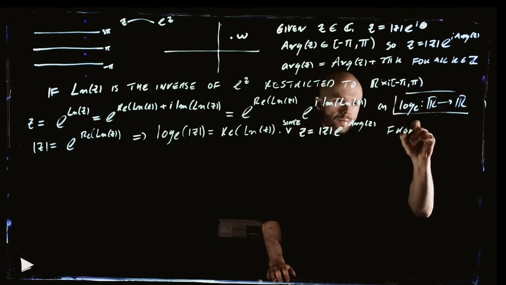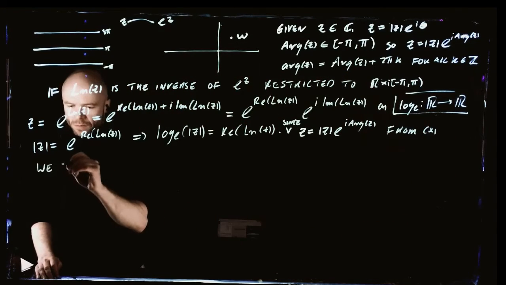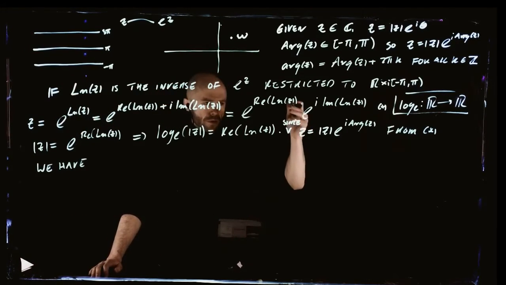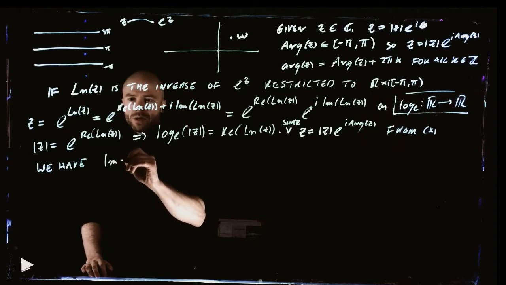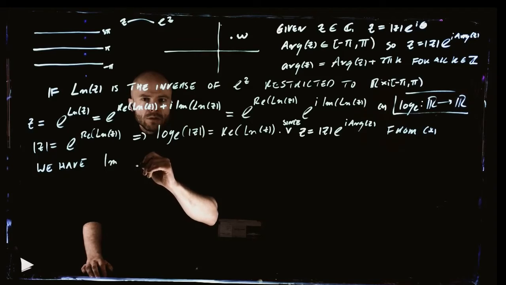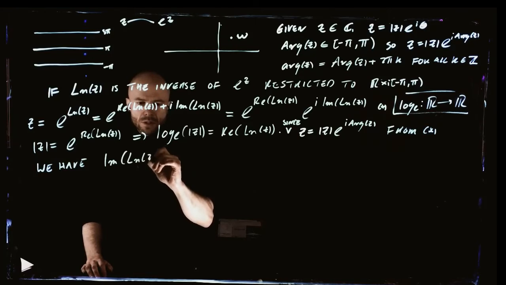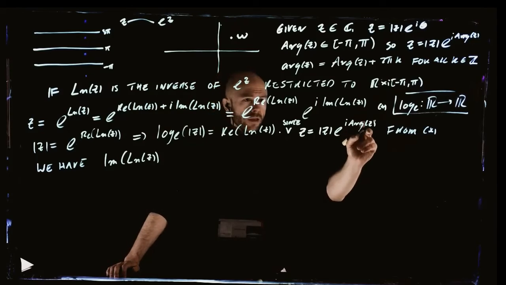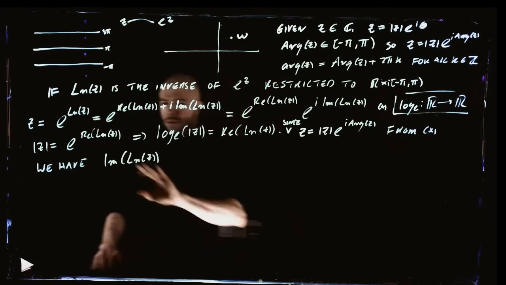From star, we have that the imaginary part of log of z has to be equal to this thing plus any 2 pi k, right? Because actually, just write it out in steps.